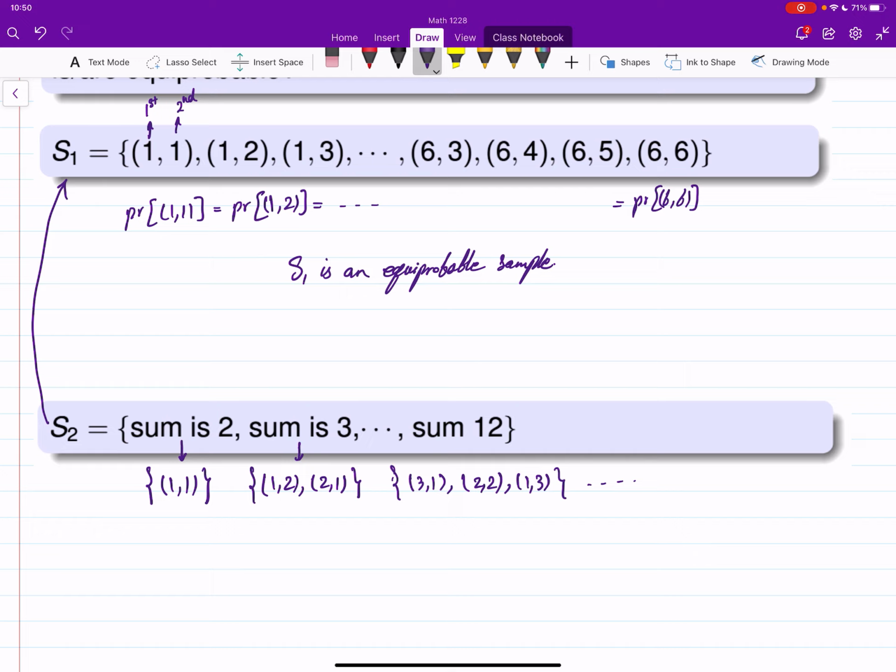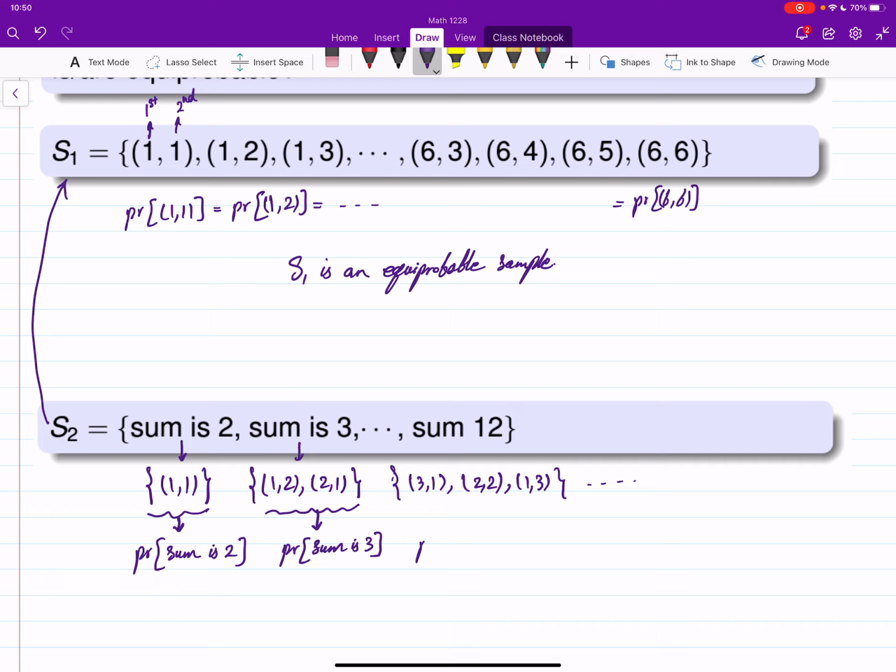But just by looking at these, the probability of sum being 2 will come out of only one of these outcomes, and the probability of sum being 3 will come out of two of these.